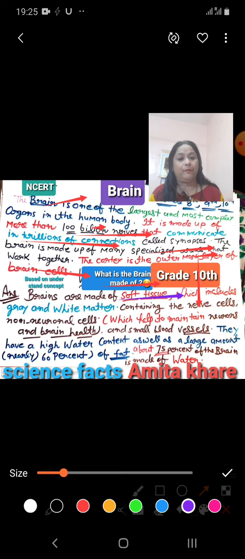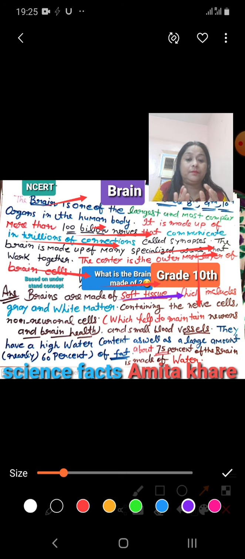The brain is made up of soft tissue containing nerve cells and non-neuronal cells, which help to maintain nerve and brain health.